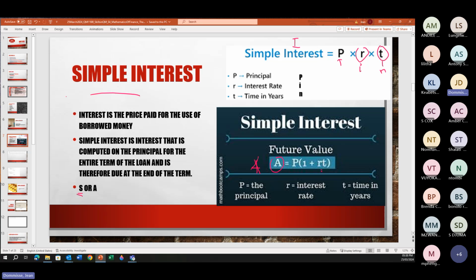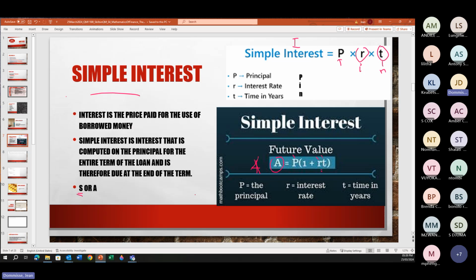They can give you your principal, your interest rate and your time, and you will need to work out A. They can give you A, R and T, and you need to work out P. So the whole time we will look at that formula and see what we are given and what we need to solve for.